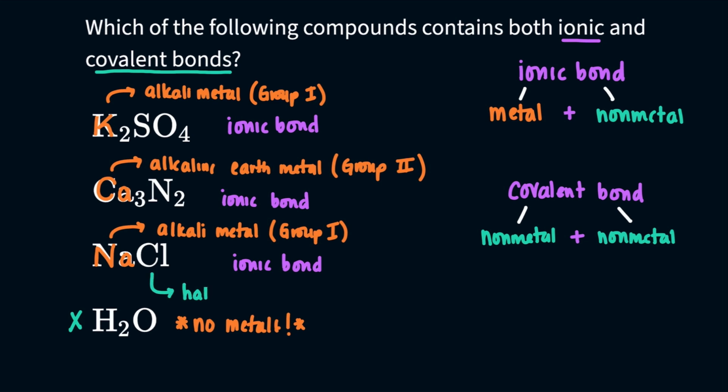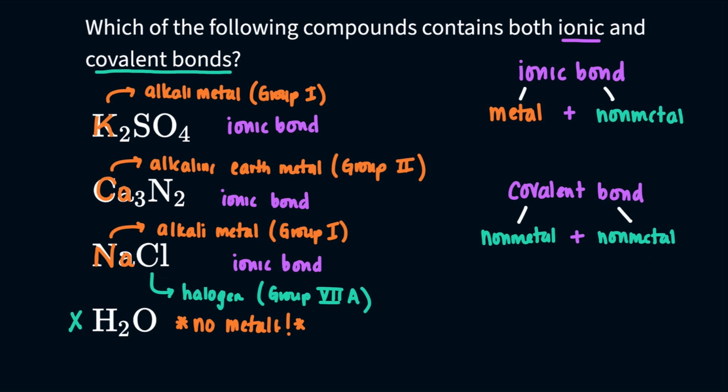Chlorine is a halogen, and that's a nonmetal, group 7A, or group 7 or 17, whatever you want. However, I need another nonmetal to have a covalent bond, and I just have chlorine.